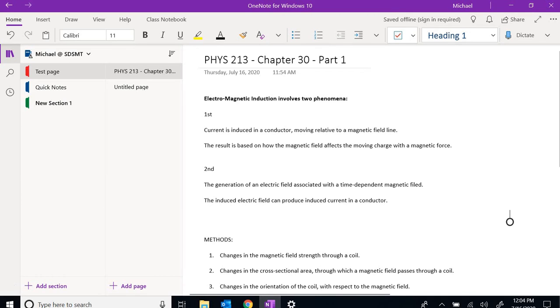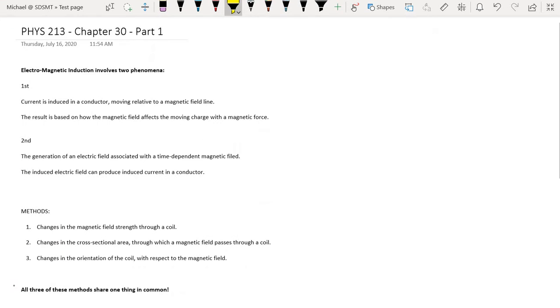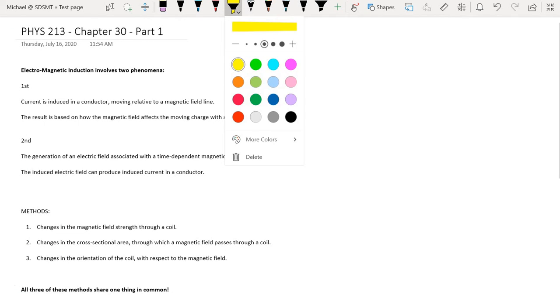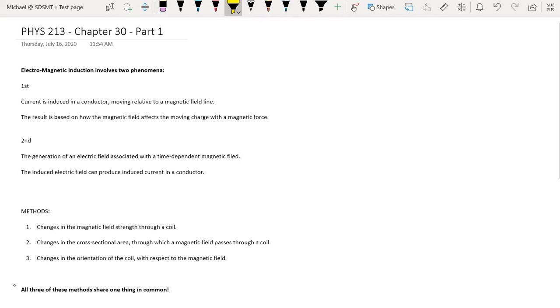Now that term relative means that, I should expand my screen here. That term relative means that we can either have the conducting material itself moving through the magnetic field, or we can take the source of that magnetic field and move that. So that term relative means that there's some motion occurring in the system.